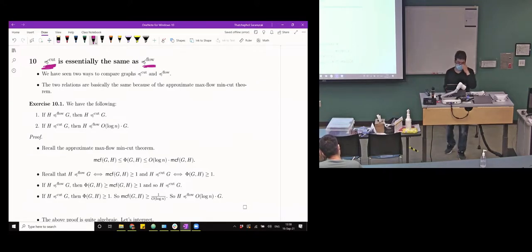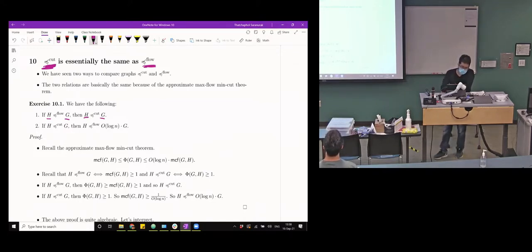They are basically kind of the same relationship. That is, if H is embeddable into G, or H is flow-wise at most G, then H will be at most G cutwise too.